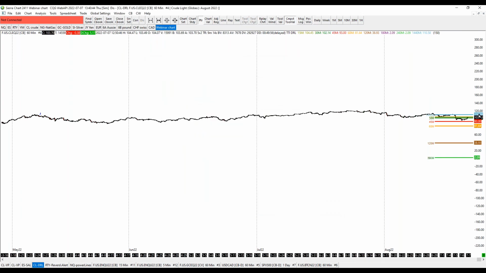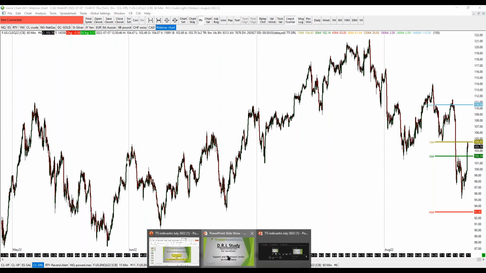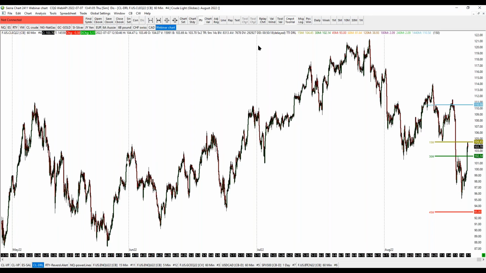But how does this work? Let me explain. I looked into about 10 to 15 reversal indicators. That's why the name of this study is dynamic reversal levels. Dynamic because it moves. So I studied reversal levels, and I found a few really good ones throughout my journey. So let's say I put 6 of them together. 1, 2, 3, 4, 5, 6.